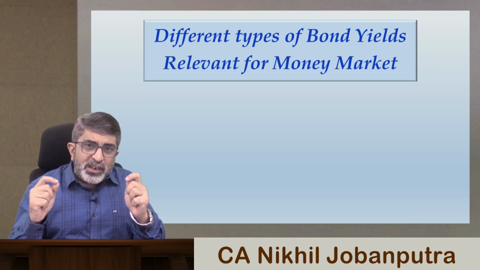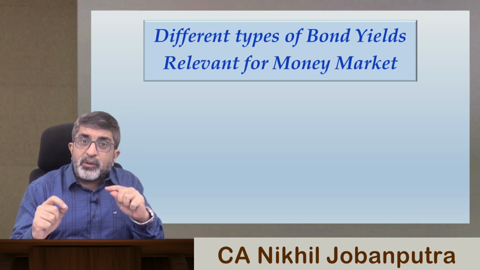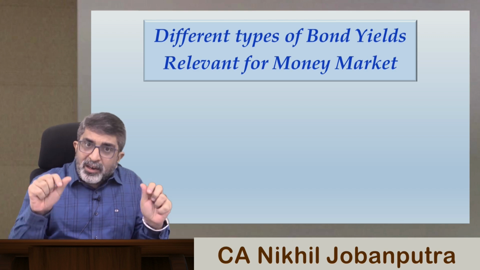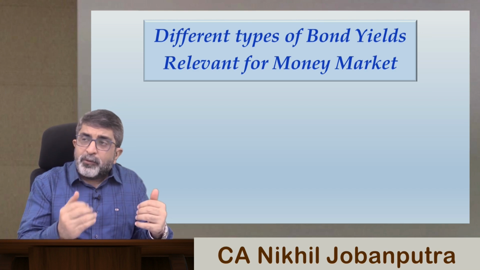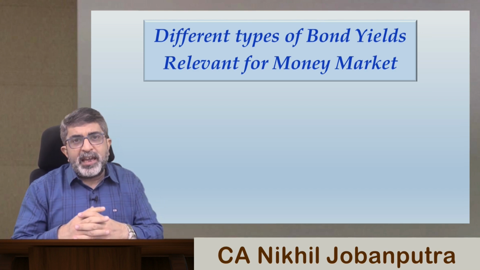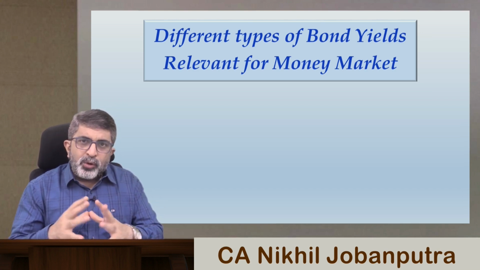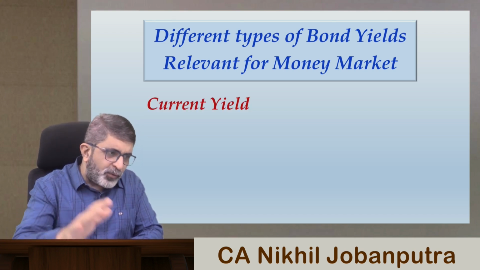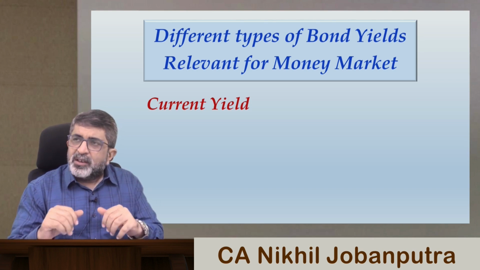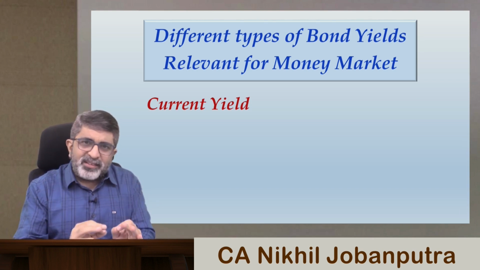Now the conventions used in the money market and the bond market are a little different, and that is where, on a comparative basis, you should be aware of which convention to apply in which market. So in this class, we are going to discuss first of all what is current yield. Current yield is a very simple concept.